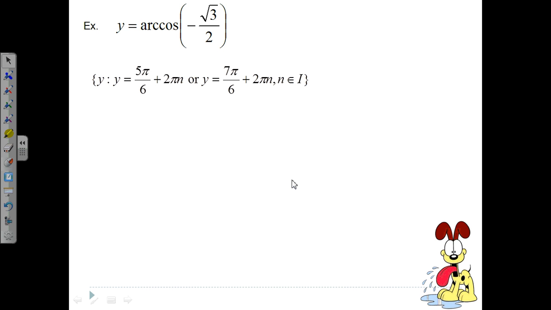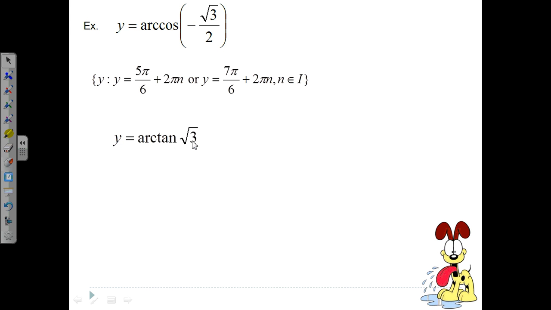Now, so far we've only been doing arc cosine and arc sine, but we can do arc tangent, arc cotangent, arc secant, arc cosecant. We can do it for any of our 6 trig functions. So what if we did y equals arc tangent of root 3? Well, tangent, let's see, if it's positive, it's going to be in the first and the third quadrants.